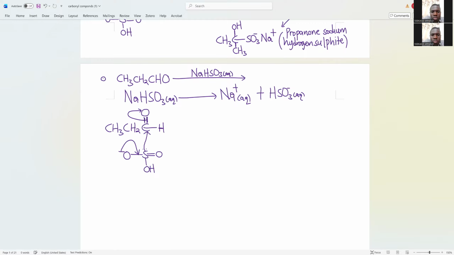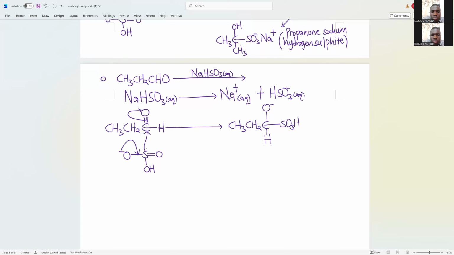Once I give sulfur electrons, this is what I'm forming: CH3, CH2, C. This is now a single bond, O with a negative. This C carries H. I am bonding it with the S, which carries 3 oxygens and hydrogen, like that. From the previous examples, we have said that this splits.